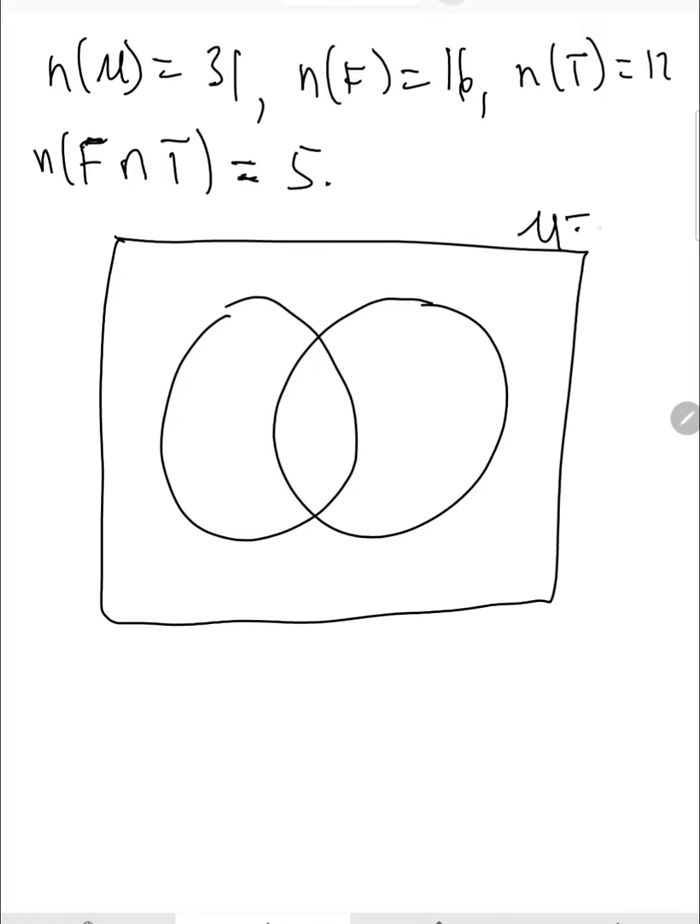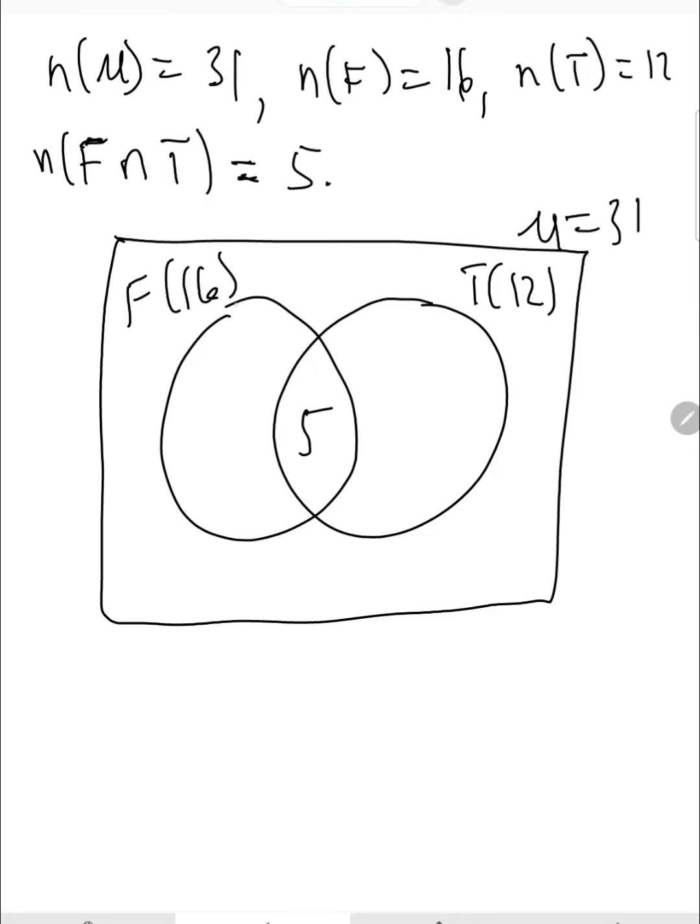So the universal set is 31. Then those who play football are 16. Those who play tennis are 12. Those who play both games are 5. So I write my 5 in the middle.